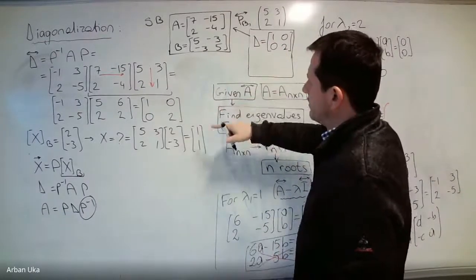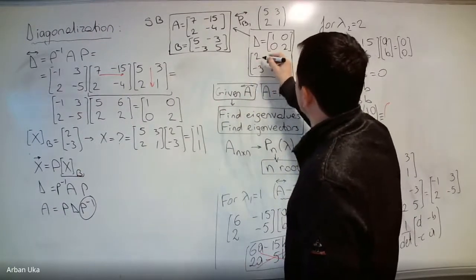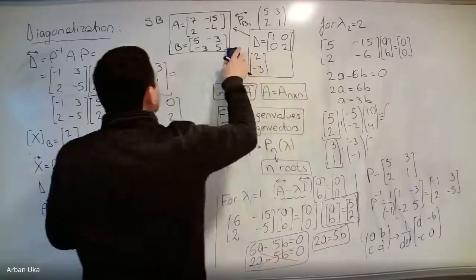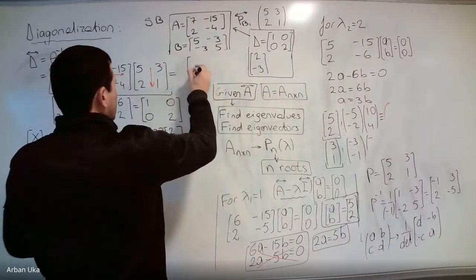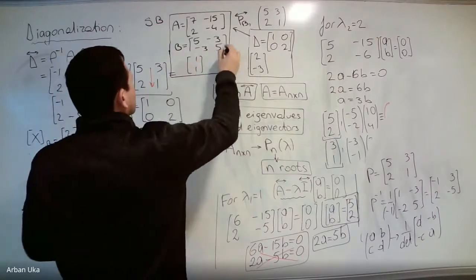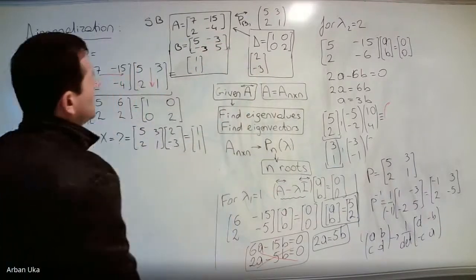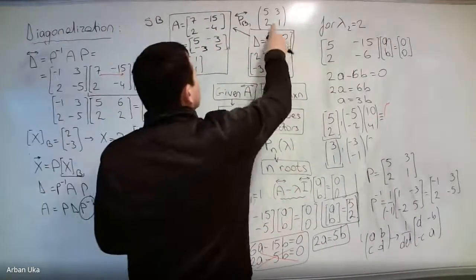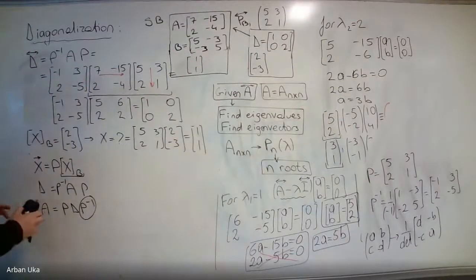Apparently, a vector which is 2, minus 3 in this domain is equal to a vector which is 1, 1. Okay. And this is the standard basis. This is the new basis. And this new basis is composed of these two eigenvectors of the matrix A. Are we good here?